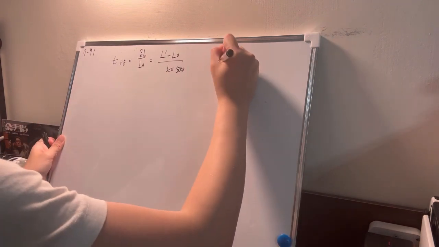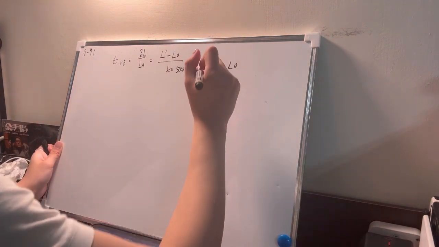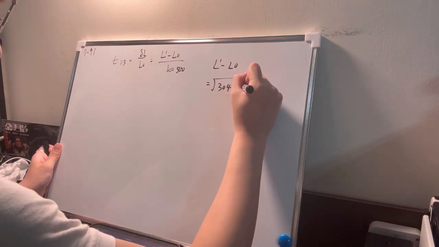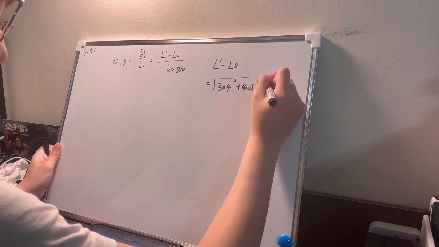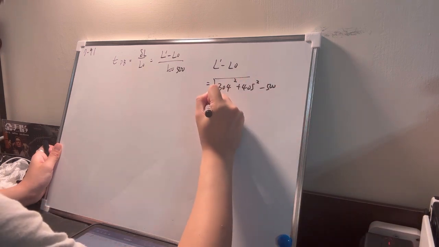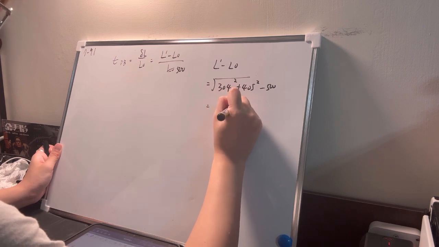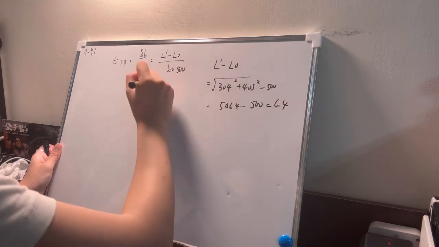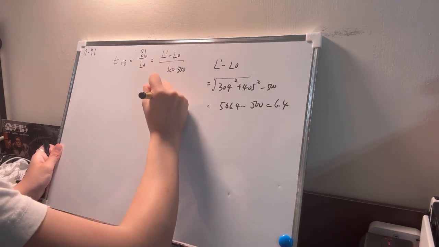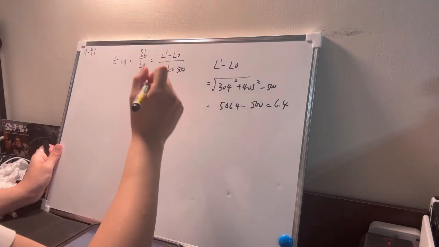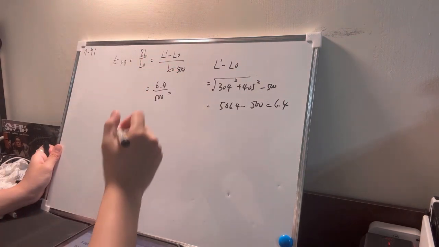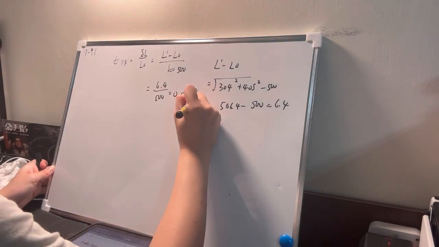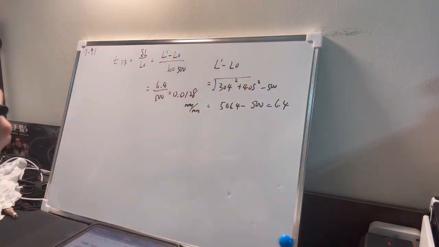So we calculate this, and it will be like 3 plus 4 minus 500 and it's 4. So it will be 6.4 and 500, and it's 0.0128 mm/mm here.